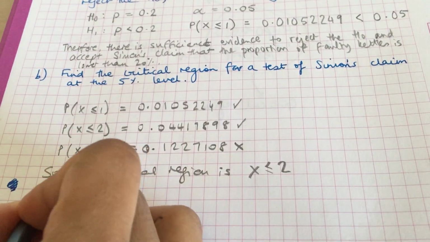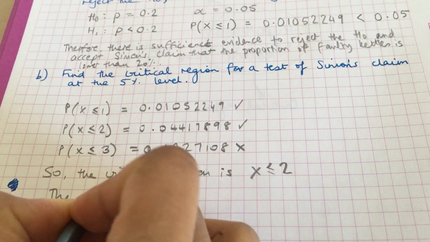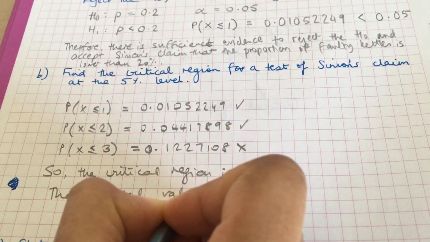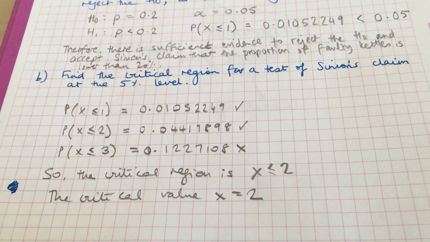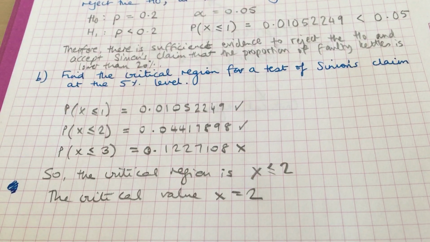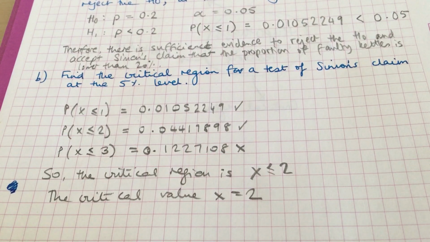The critical value is 2, because below that number, and equal to that number, is when the critical region starts.